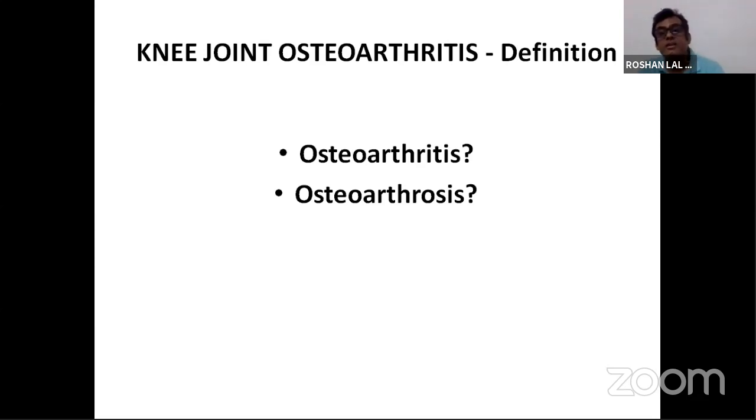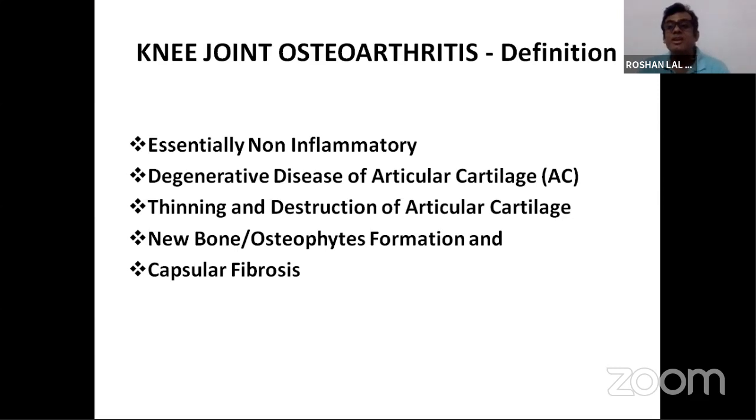So practitioners and authors have given the new term osteoarthrosis. Osteoarthrosis is the better term, and I personally prefer osteoarthrosis over osteoarthritis. Both terms are used by authors and clinicians interchangeably, but the meaning is the same.